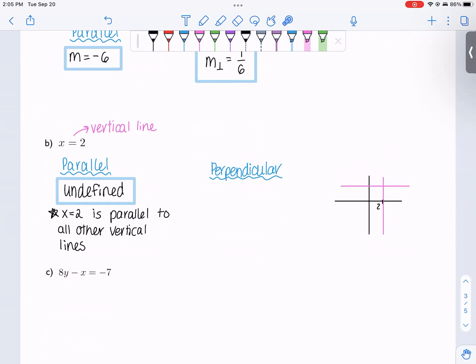So the perpendicular slope is 0. And really, you can think of undefined as kind of like 1/0 here. So you end up with your perpendicular being 0/1, which is just 0.